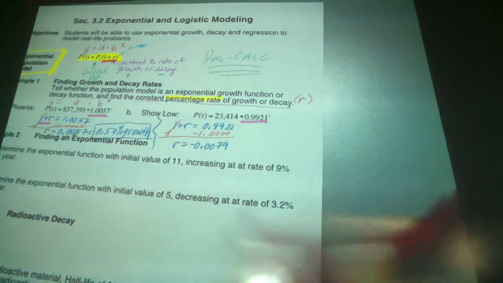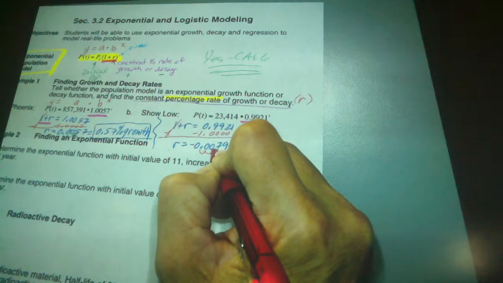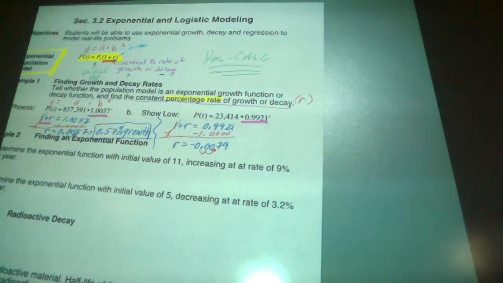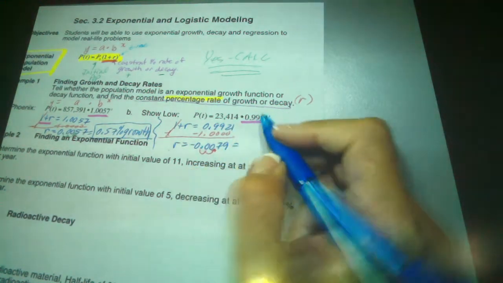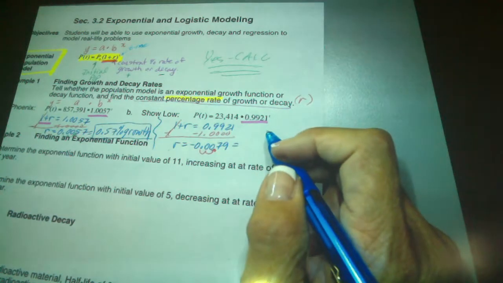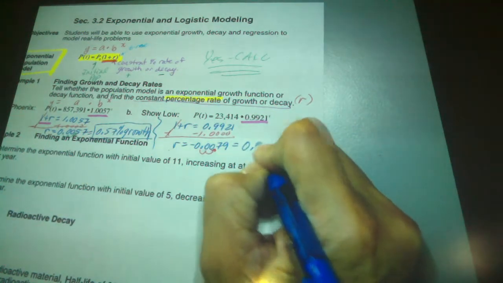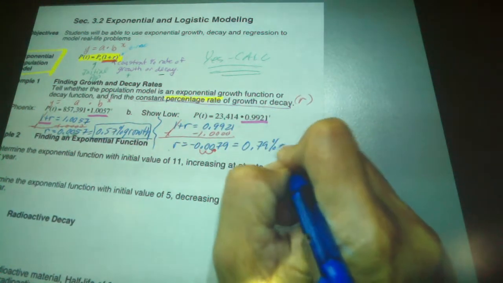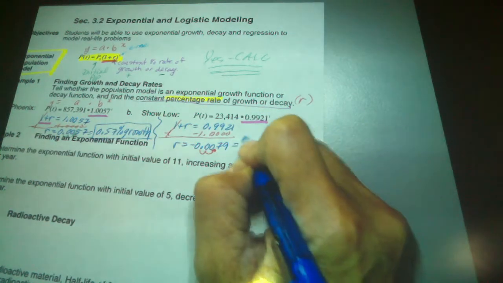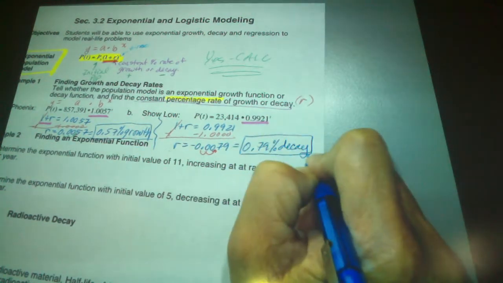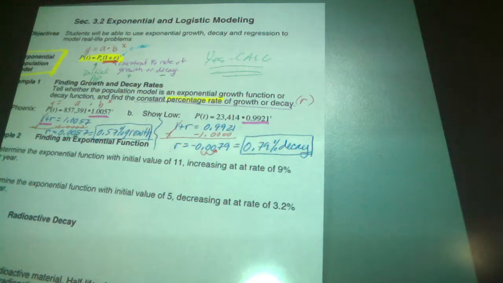So convert it to its percent, move the decimal 2 places to the right, or multiply by 100. And that equals, and notice I'm going to drop the negative off, 0.79% decay. When I mention the word decay, it's understood that that's a negative percent of growth. If we're growing negatively, it must be decaying.